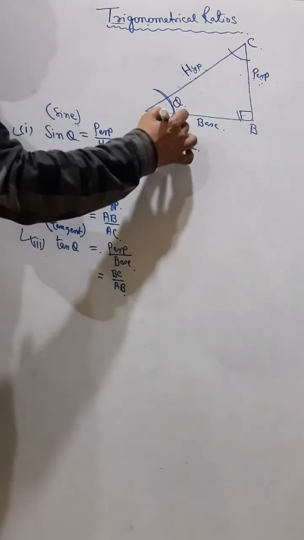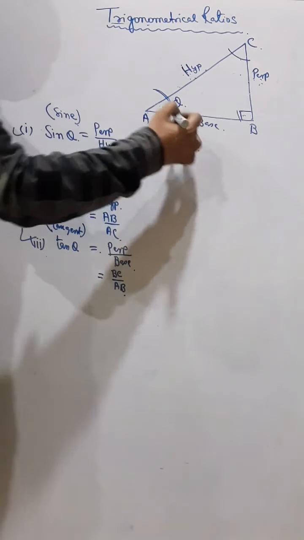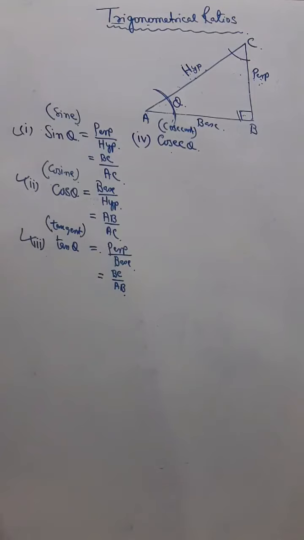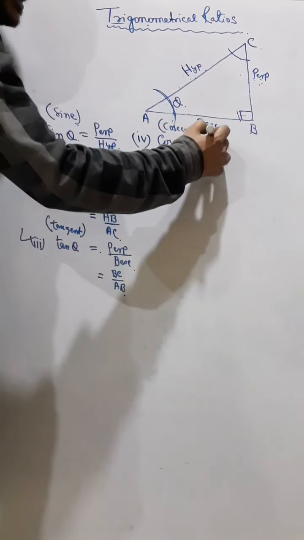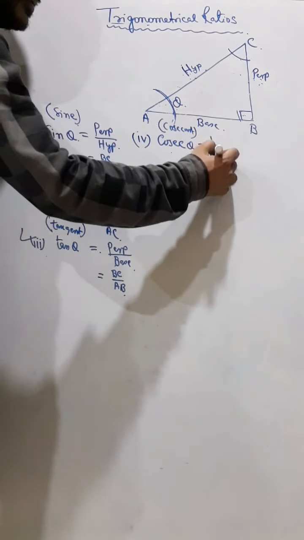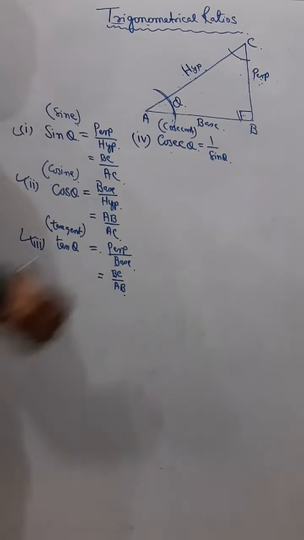This cosec is in fact cosecant. The full form is cosecant, but we write it in short as cosec. Now this cosec theta is the reciprocal of sin theta. Understand? The reciprocal of sin theta.